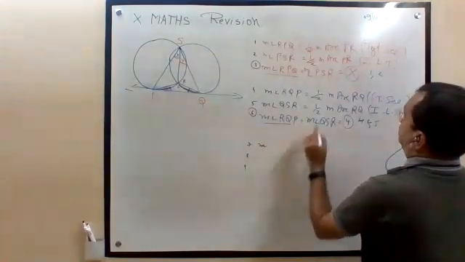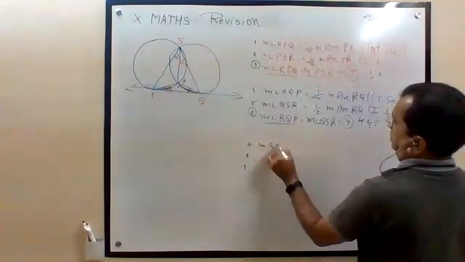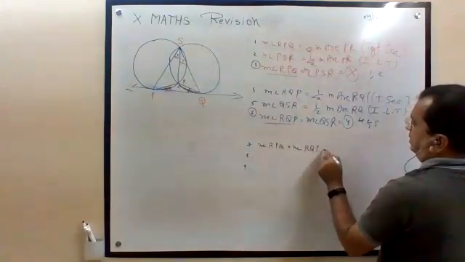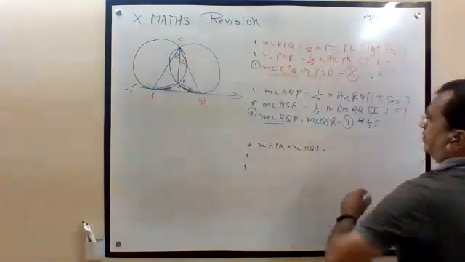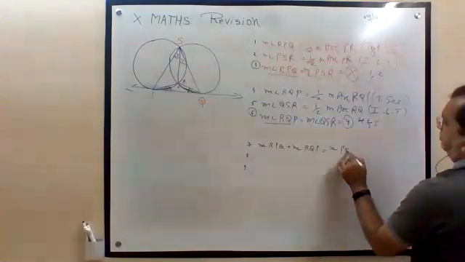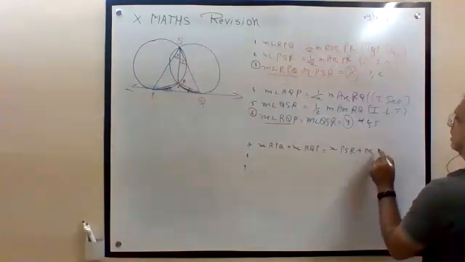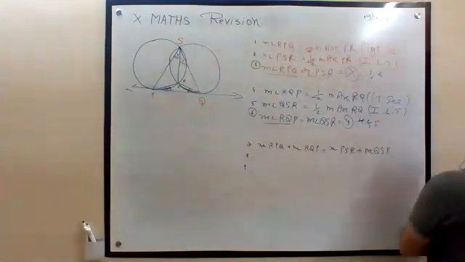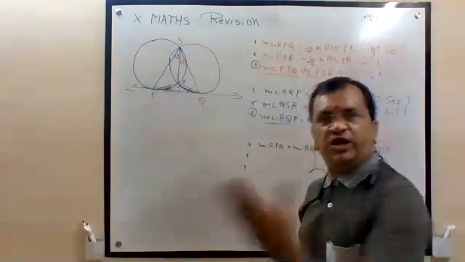So measure angle RPQ plus measure angle RQP is equal to measure angle PSR plus measure angle QSR. What remains? Z remains.